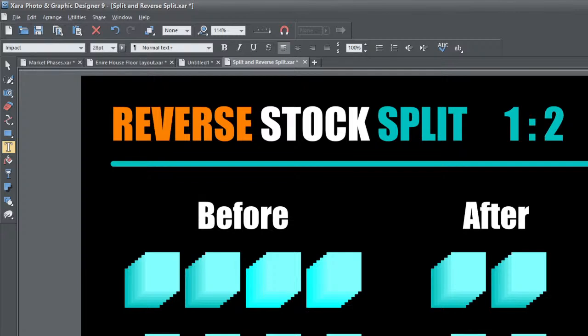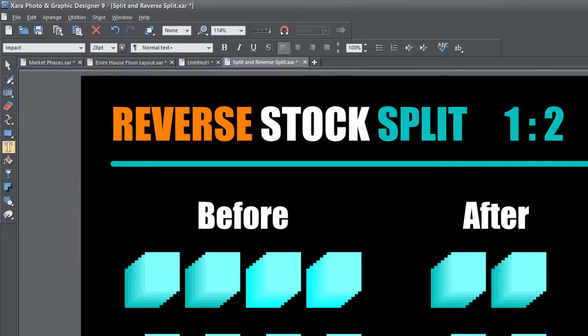So in this case, a reverse stock split of 1-to-2 would be like the reverse of the previous example. You started off with 80 shares, and a reverse stock split of 1-to-2 means for every 2 shares, now there's only 1. But the value is still the same.